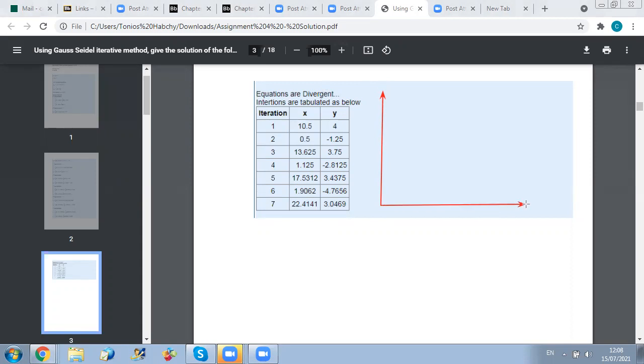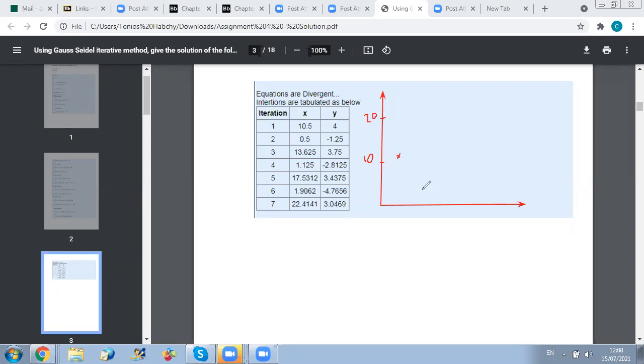Let's say for iteration 1, the value was 10.5, so the value was here. You can make a small scale. Since the maximum value is 23, let's say this is 10, this is 20. So for the first value, you are nearly here, 10.5.